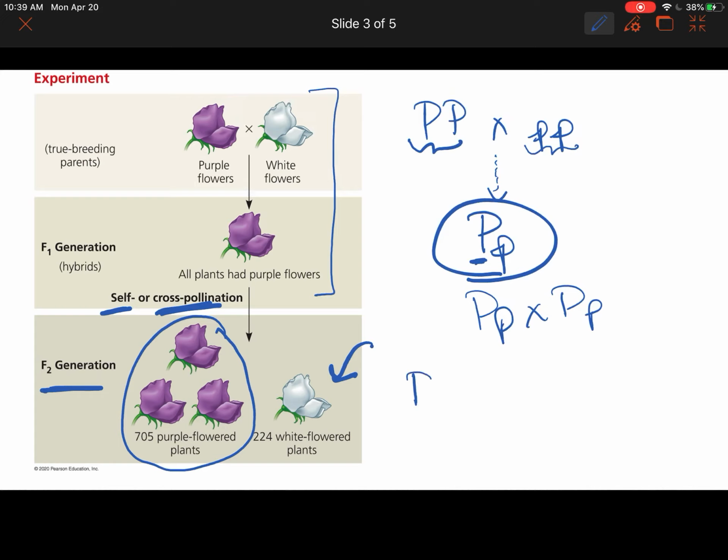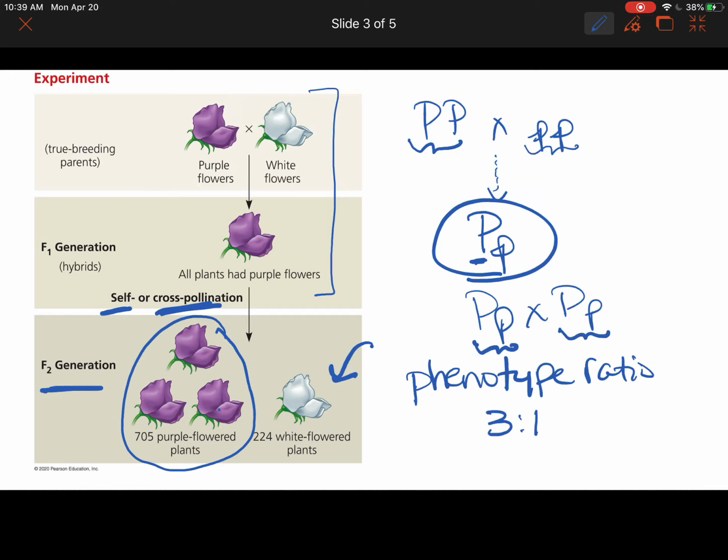And so this F2 phenotype ratio is one of the most famous numbers in biology, and it is 3:1. That for every 3 dominant phenotypes that are expressed in the F2 generation, there will be 1 recessive phenotype.